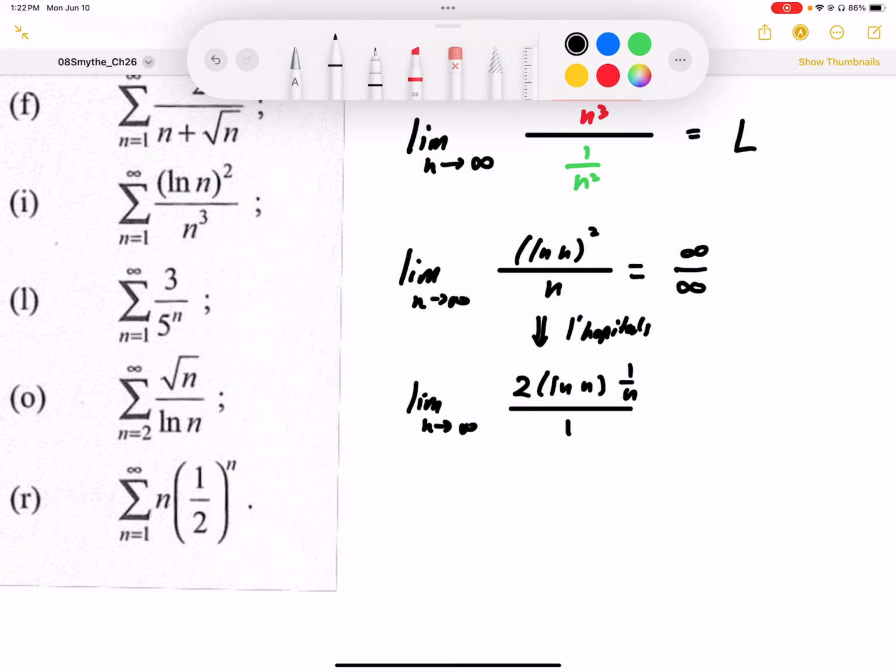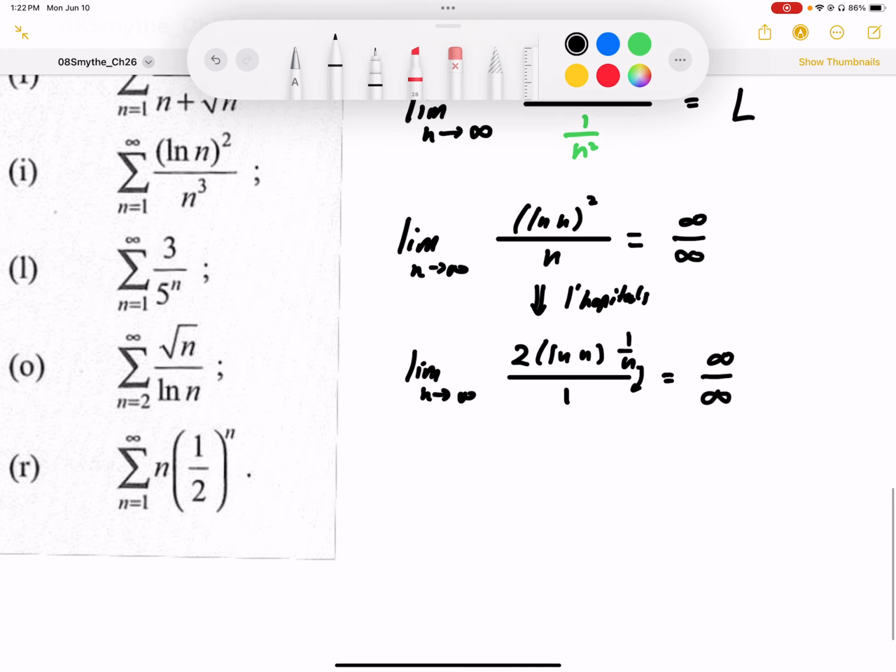Then when I plug infinity into here, I'm going to end up again with infinity over infinity. That n goes in the denominator. So this is my limit here, and I have again an opportunity to use L'Hopital's.